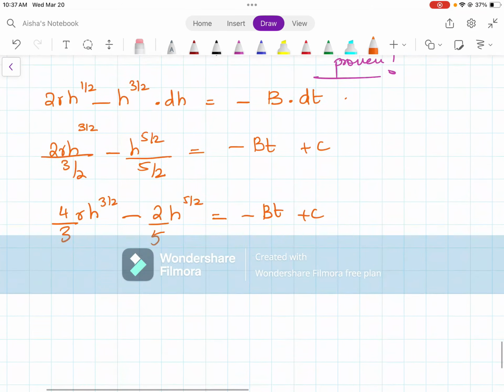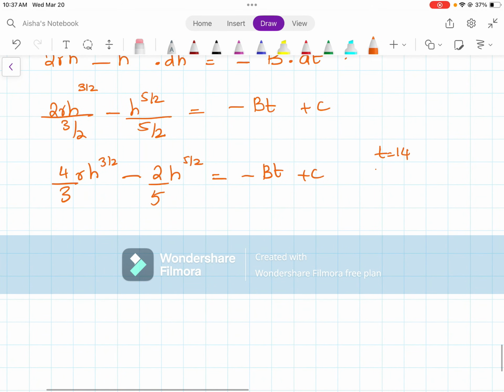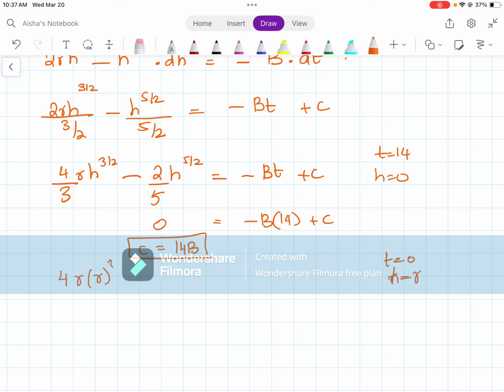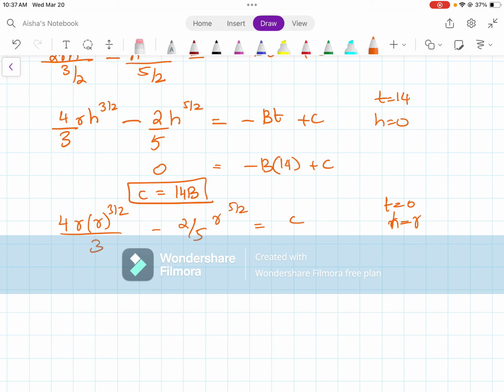Something must have been given: when t is 14, height is 0. So 0 minus b into 14 plus c equals 0. And when t is 0, h is r. Okay, when time is 0, it's 4r. Then 5 upon 2, 4 upon 3 minus 2 upon 5 gives you the value.